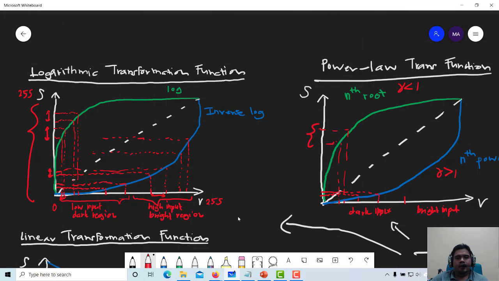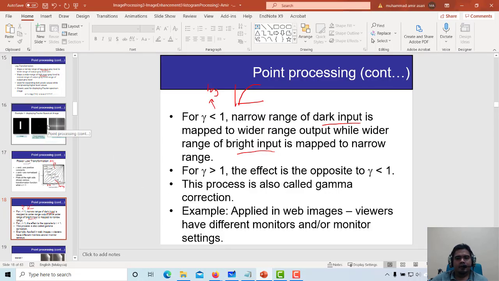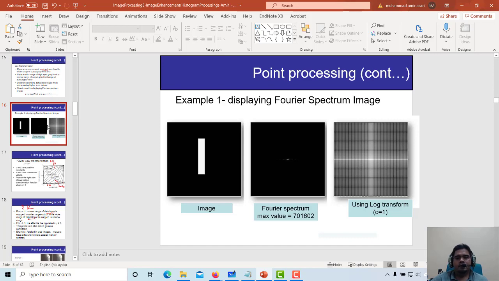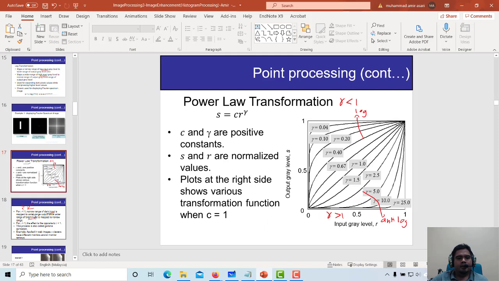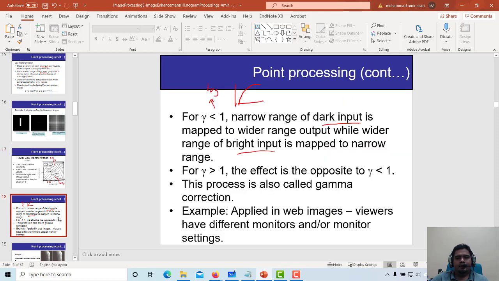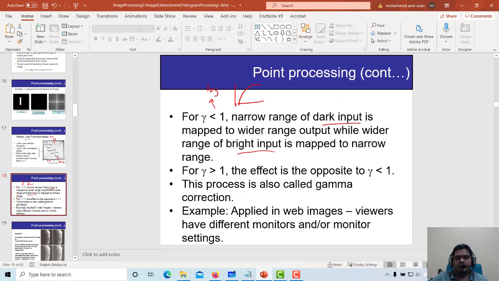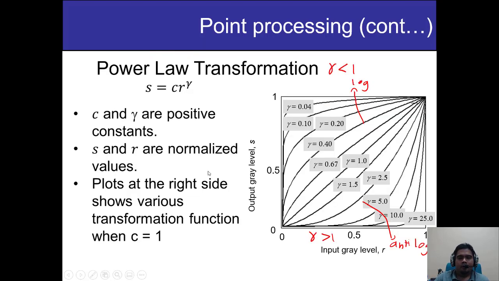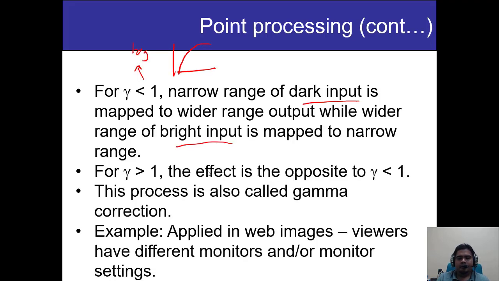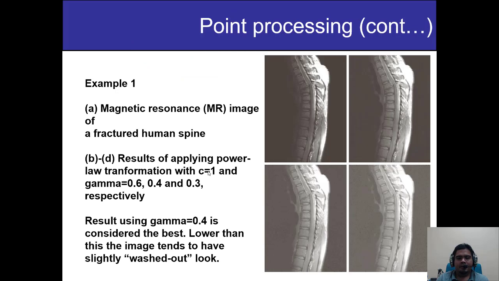That is why I skip discussing this example, because it involves some Fourier transform or frequency domain. I directly discuss the example in the slide about the power law, because for the power law you have other transformation function examples.